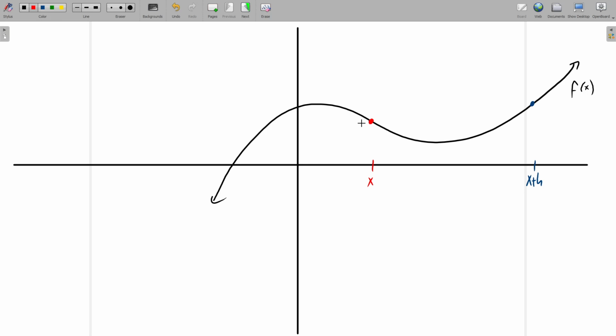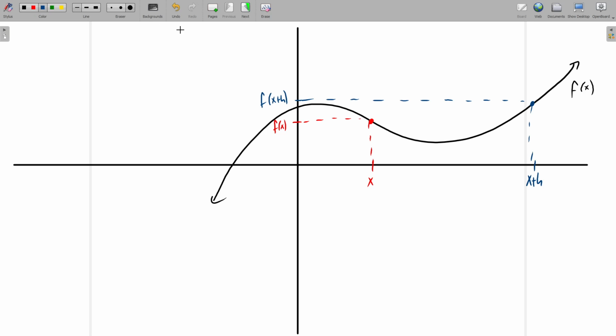Both of these points have a height of what could be described as a y, or more accurately f of x for our red x point, or f of x plus h for this blue x plus h arbitrary point.